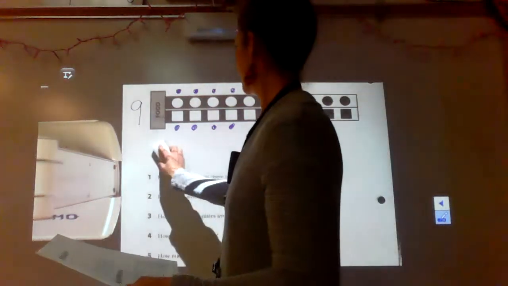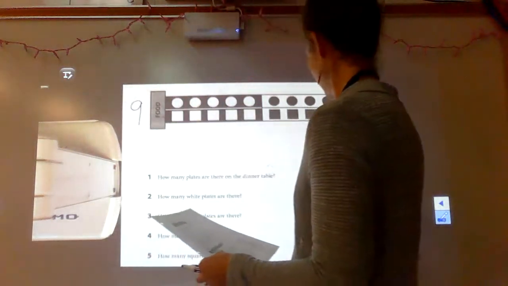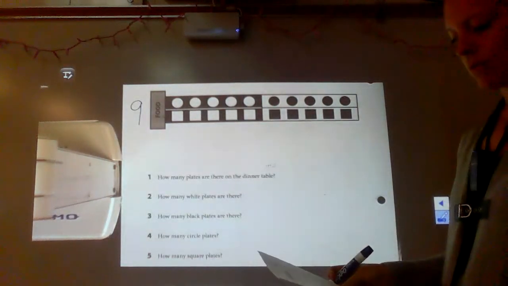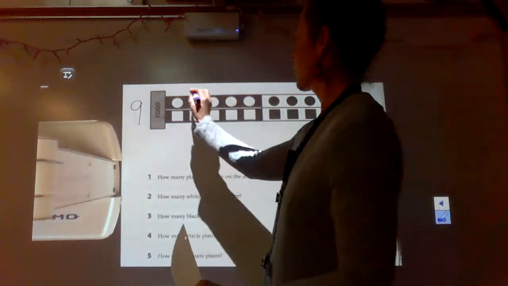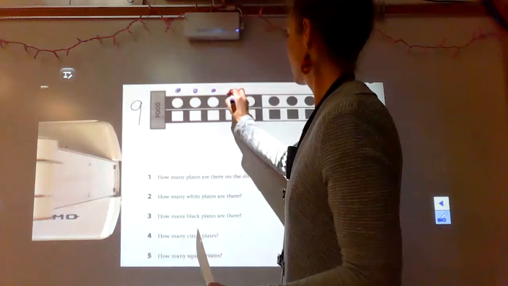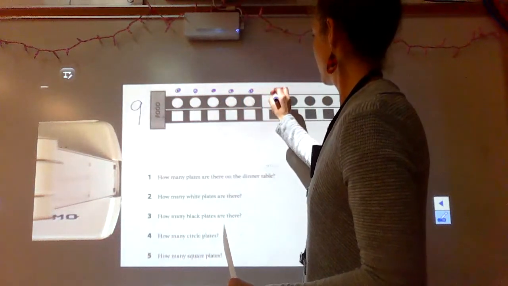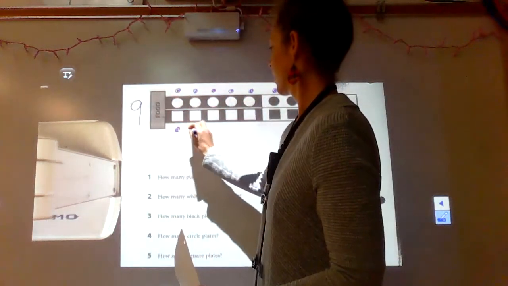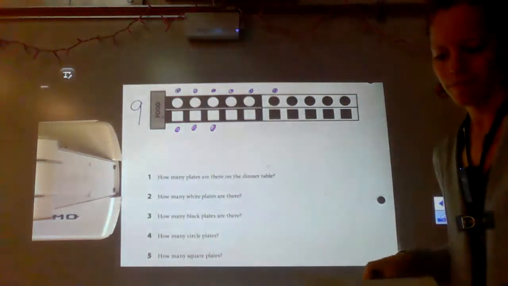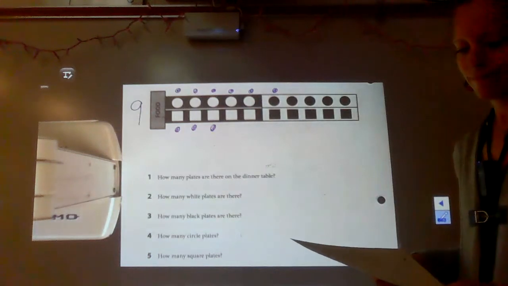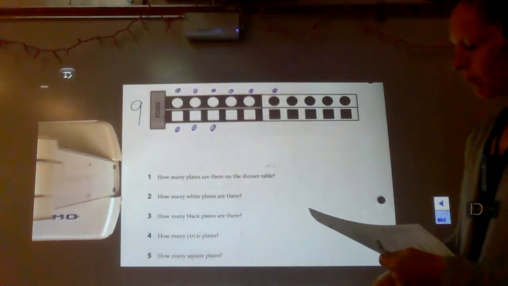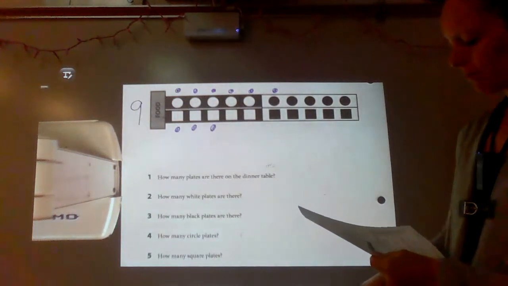Let's think about a different way. What if we did this? Let's write an equation to represent this arrangement.